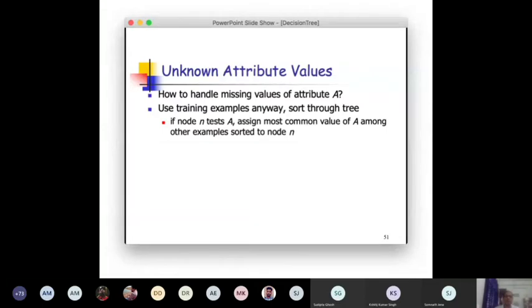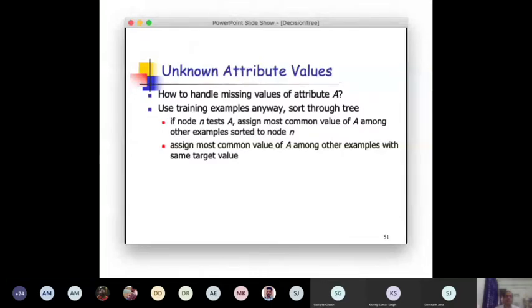So this is the first scenario: if you have the values of other attributes, but just the attribute value of A is missing, then you can consider, given the input set, what is the most common value of A, and you can assign it. That is one kind of bias or assumption you are using there.